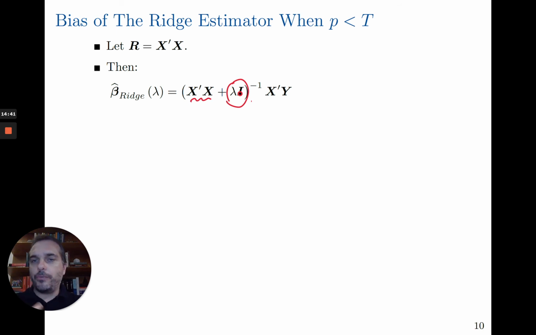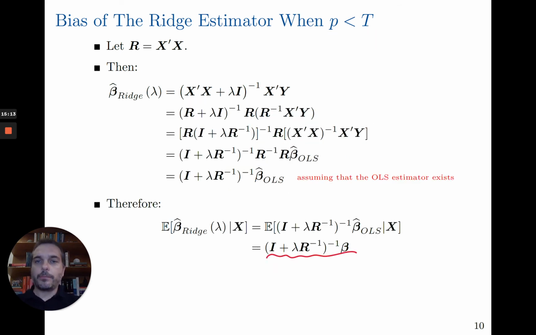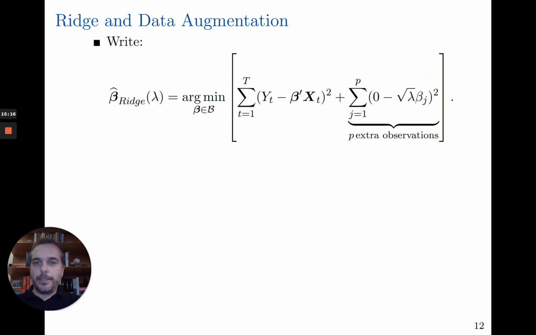The problem with OLS when P is greater than T is that the rank of x prime x is lower than P, so (x prime x) inverse does not exist. But now we are adding something to the diagonal, and magic happens. Why? That's what we are going to see here.